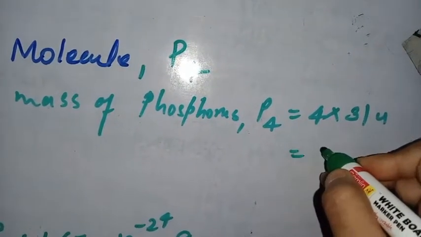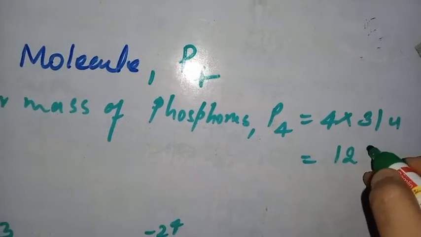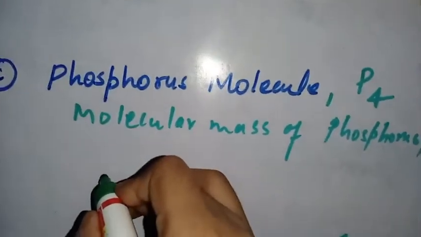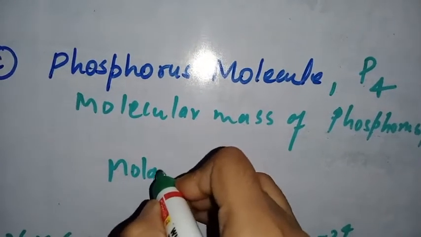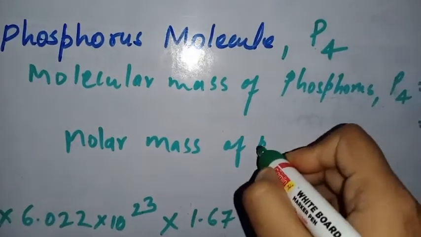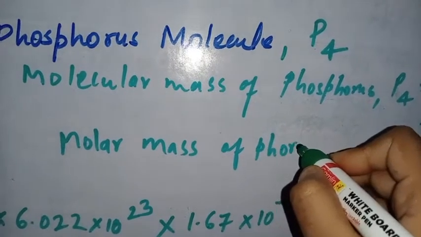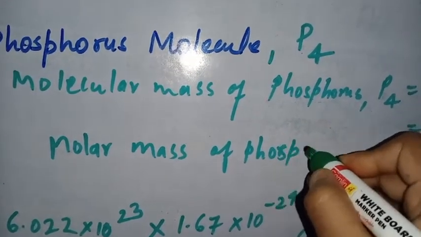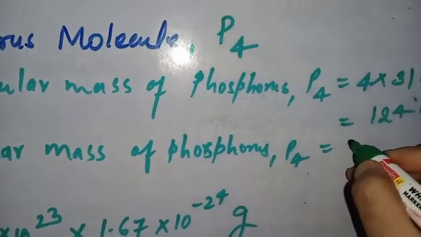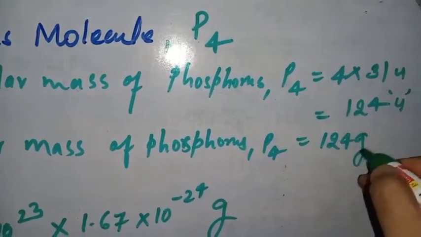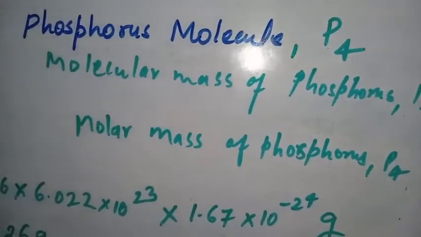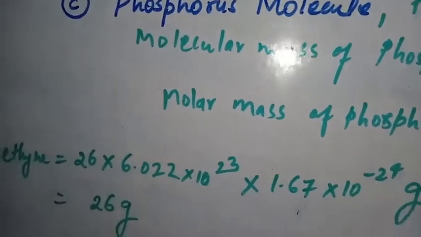And we will get here 124U. So directly we can write, molar mass of phosphorus will be 124 gram.